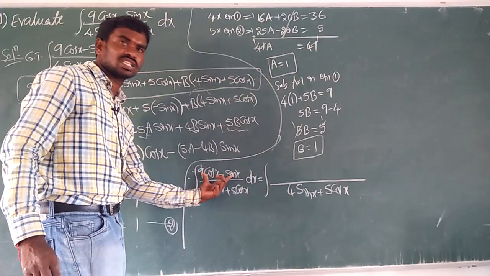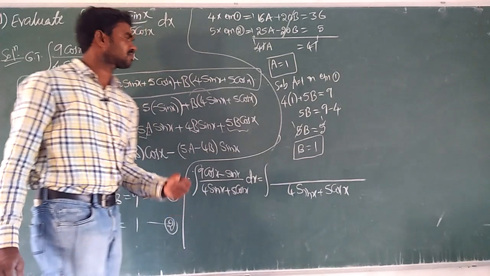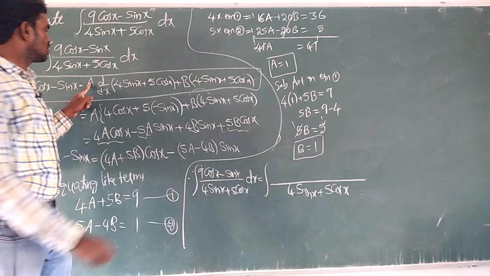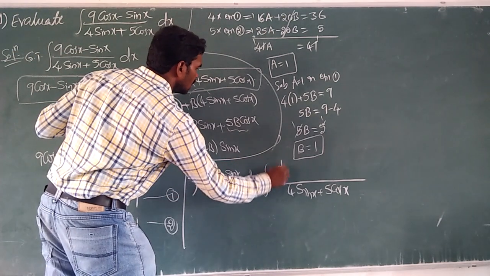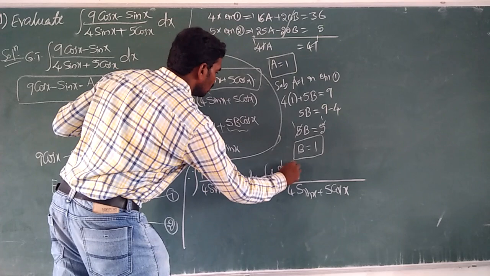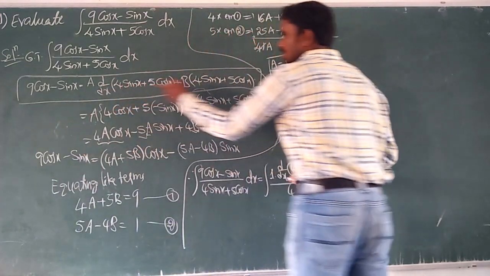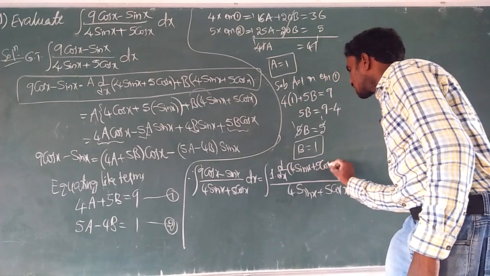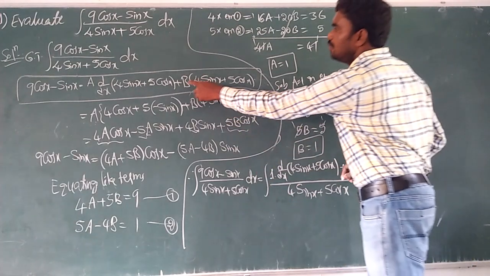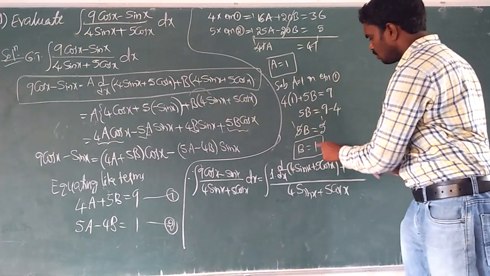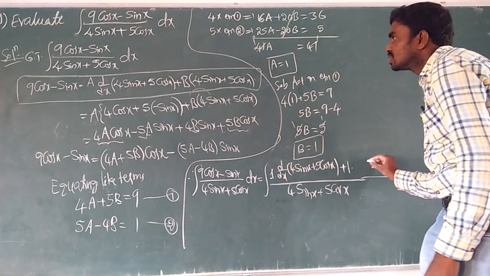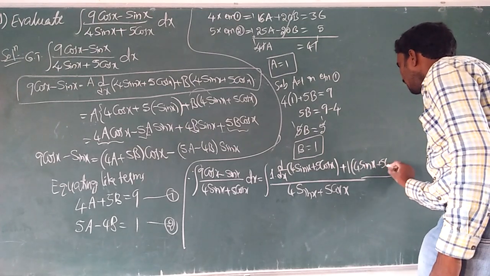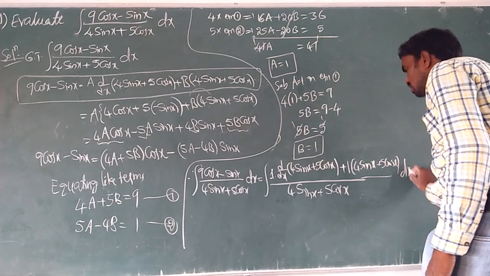But instead of 9 cos x minus sin x, I can write a, which is 1, into d by dx of (4 sin x plus 5 cos x), plus b, which is 1, into (4 sin x plus 5 cos x) dx.